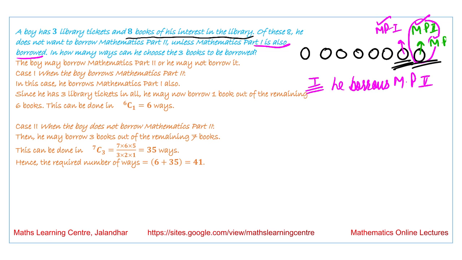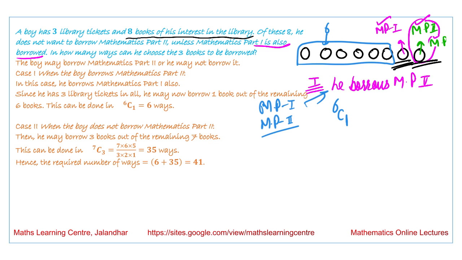The remaining number of books now he has is 6. Now out of these 6 books he has to choose only 1 book, because he has already borrowed mathematics part 1 and mathematics part 2. So the total number of ways he has is 6C1, that is equal to 6 ways.